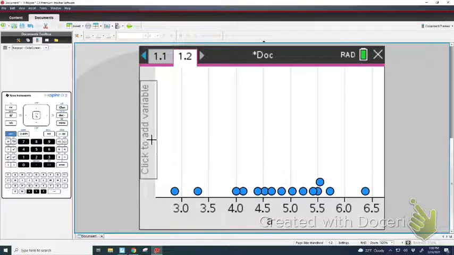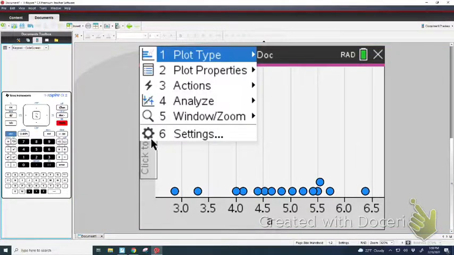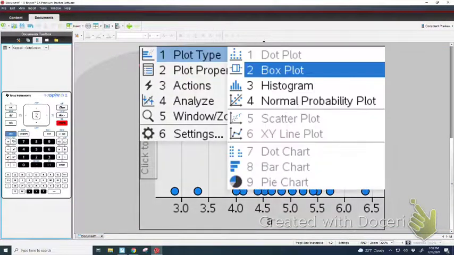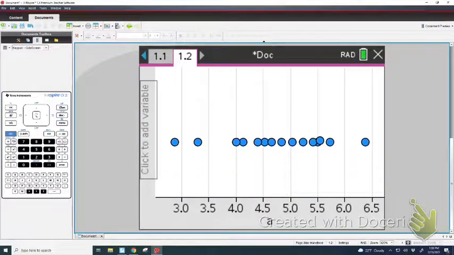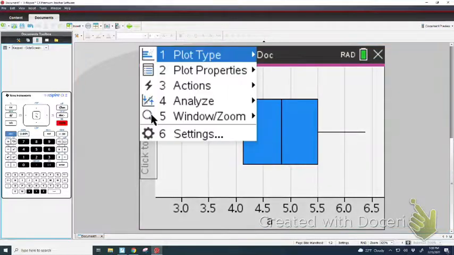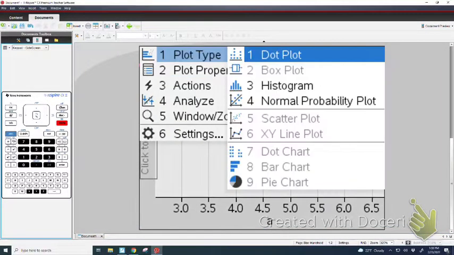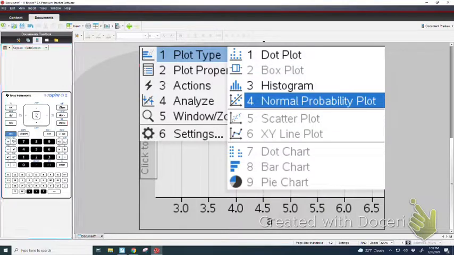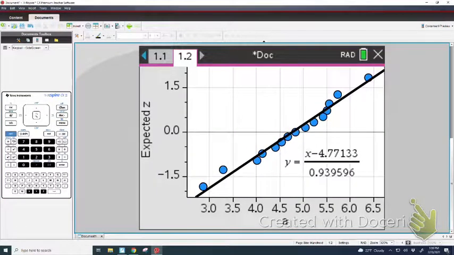If you ever are worried about outliers, remember we have a box plot on here. You can look to see if there's outliers, and there are none. No outliers. If you're really interested, if you go to plot type and normal probability plot, it matches these values to the normal curve.